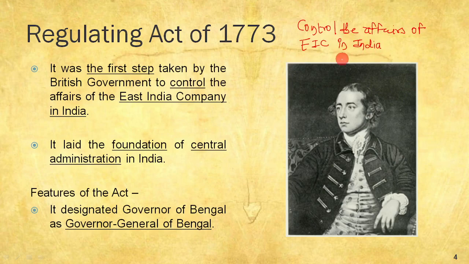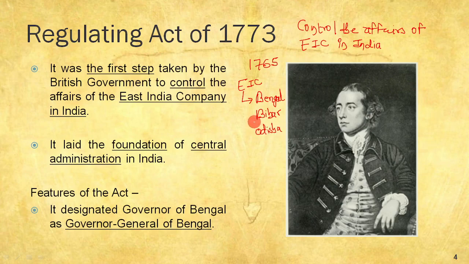I have told in my previous video that after the Battle of Buxar and the signing of the Allahabad Treaty in the year 1765, the East India Company got the right to collect the revenue from Bengal, Bihar and Odisha.